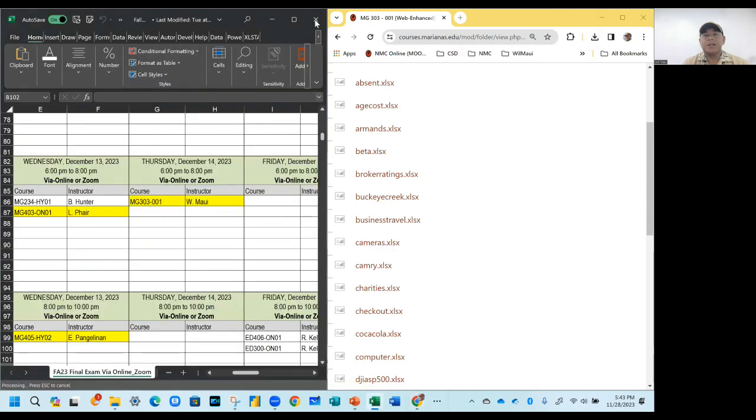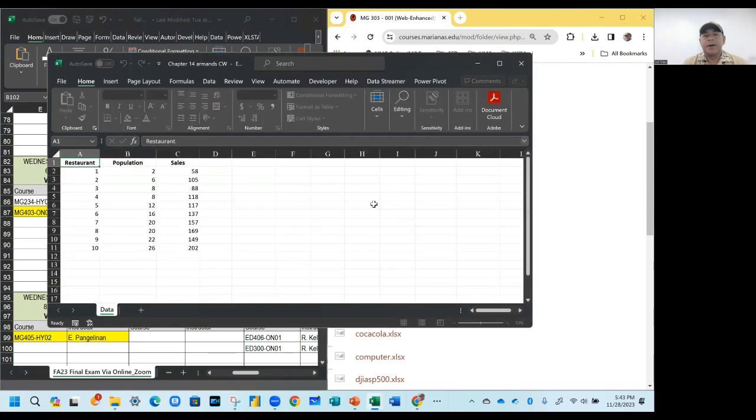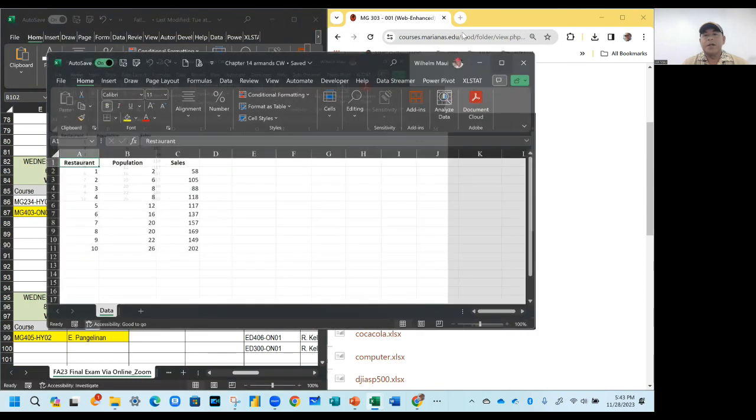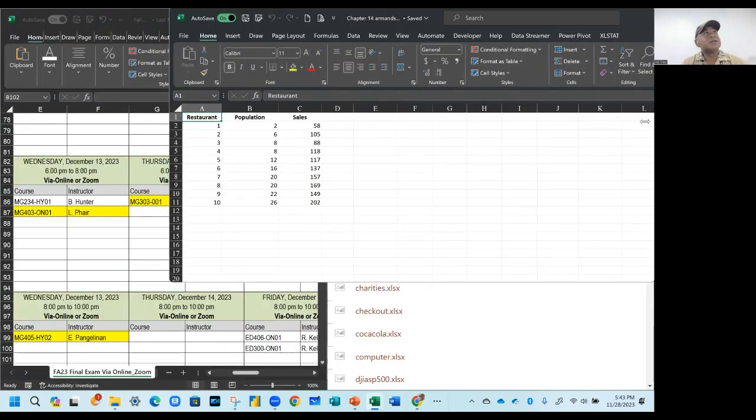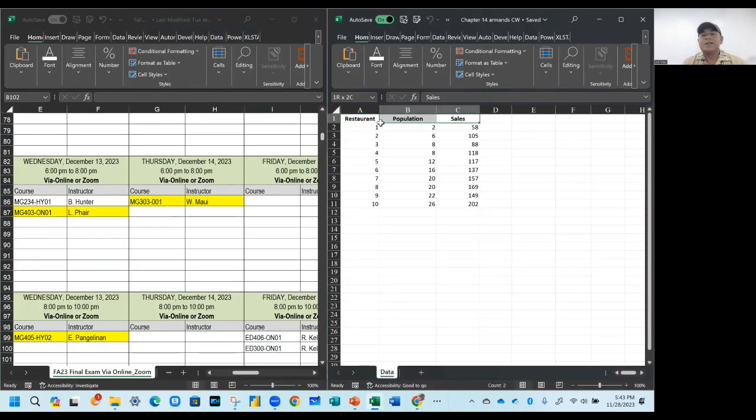I don't want the plus anymore. Okay, so there's the data file. Can you see it? Let me move this over to the right. So notice that the restaurant is just your primary key to identify each of the 10 restaurants uniquely. And then you have the population and then the sales, but these numbers are scaled. They're in thousands.